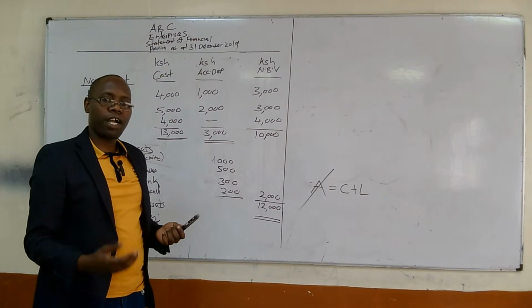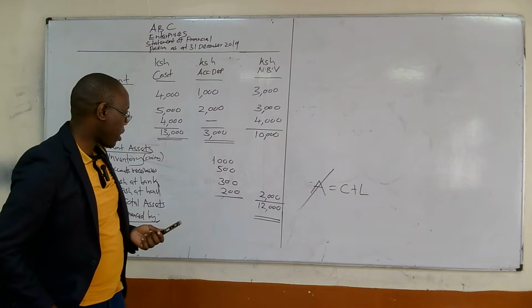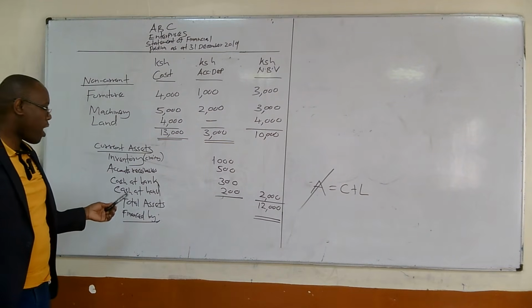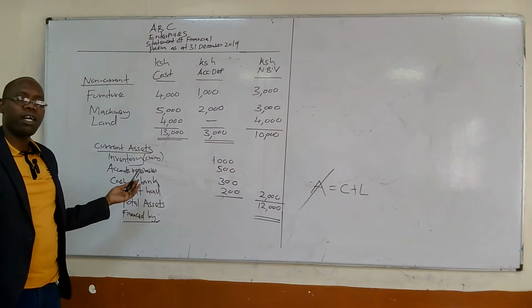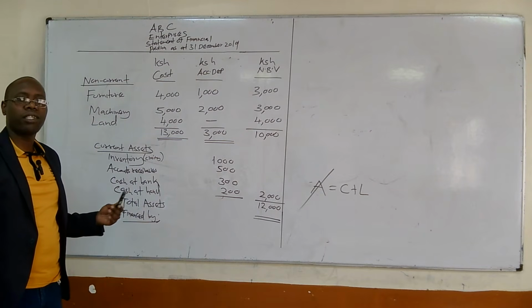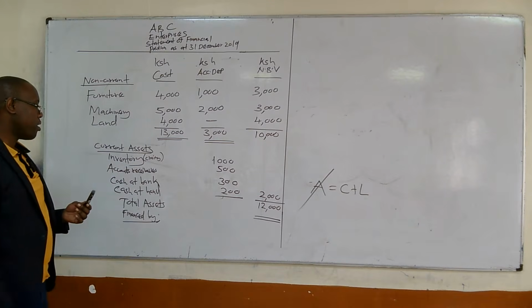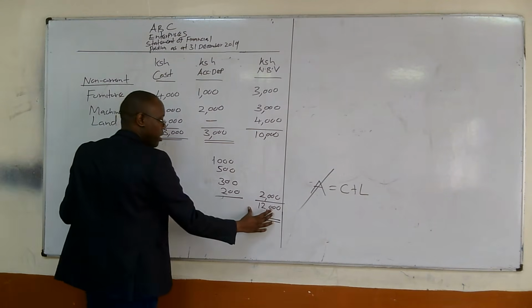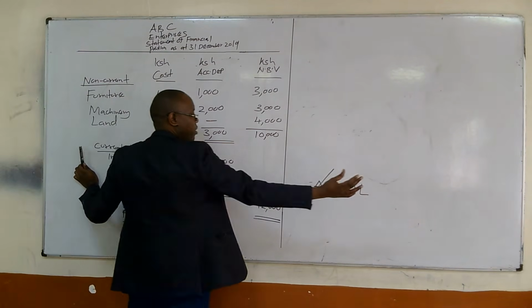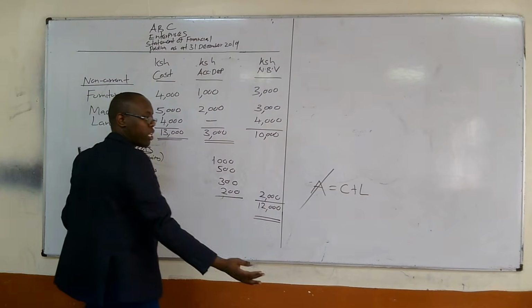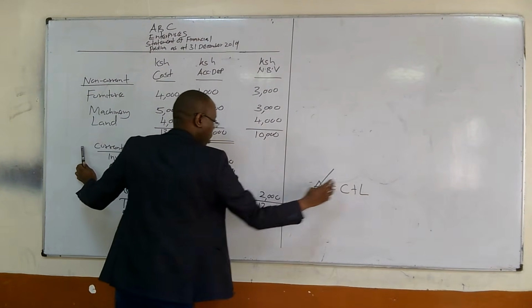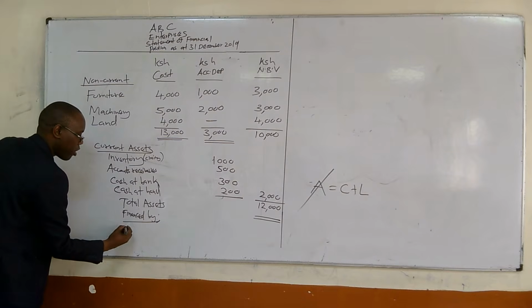Whenever you have a company, you have to have assets, and what is going to finance these assets of ours? The assets, the 12,000, are going to be financed by the capital. So that's why you move to the next category, which is capital. Financed by, you write capital.